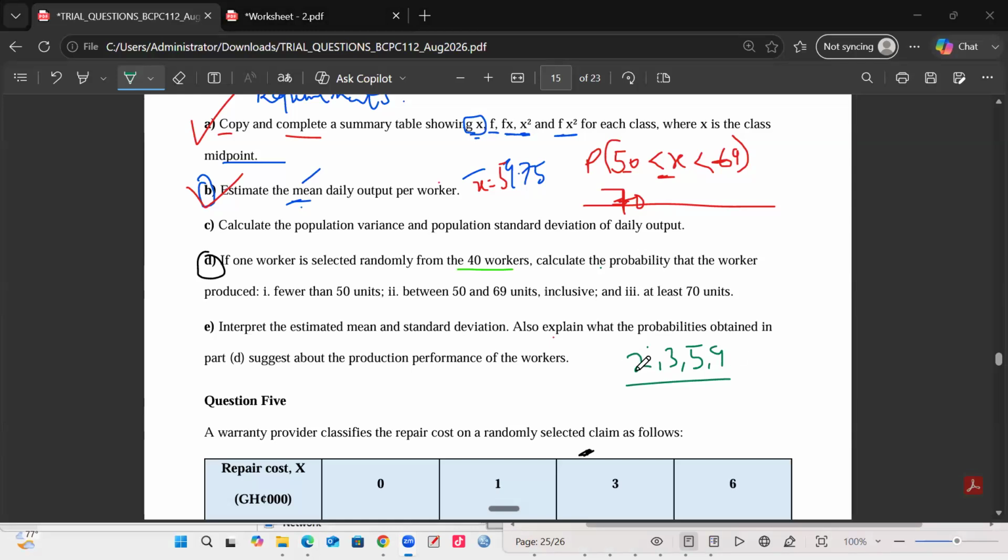So at least 2 means the least is 2. In other words, all the other figures are greater than 2.